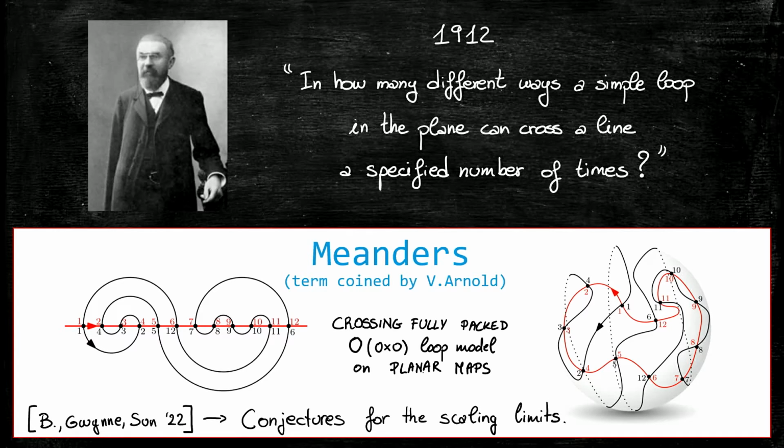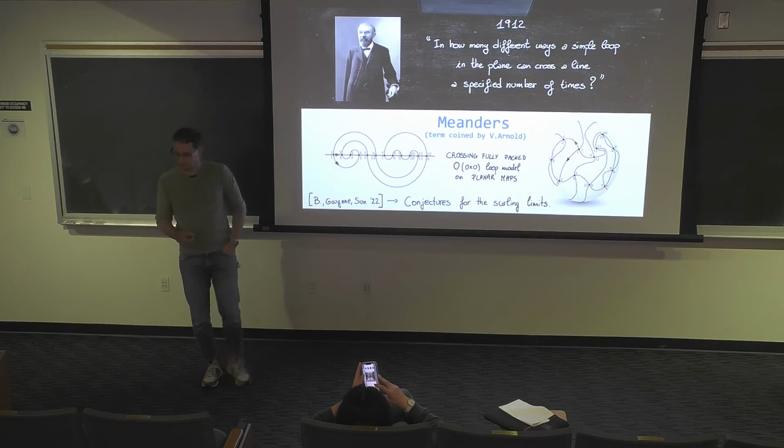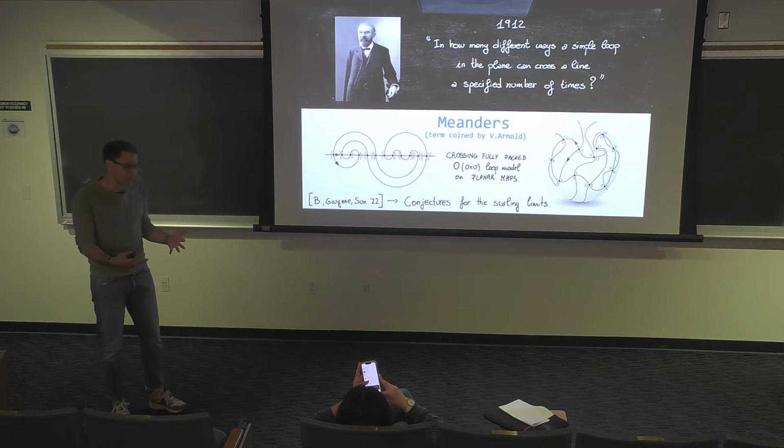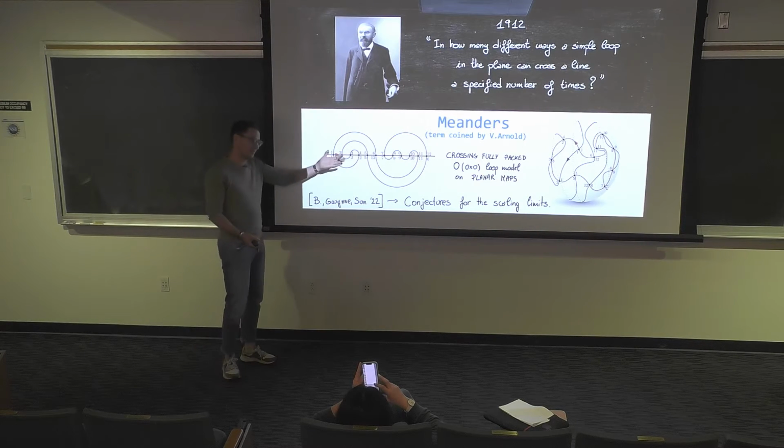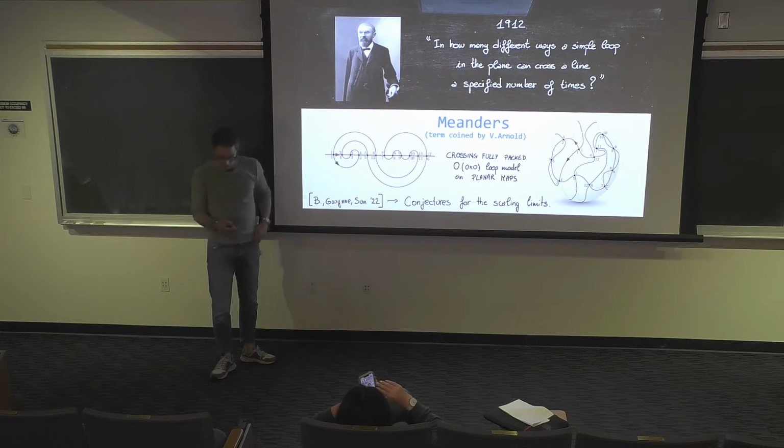And we have a second paper that I won't discuss here where we have work related to this meander setting. But today I will just discuss meandric systems. But this was our motivation to study it. The hope is that understanding meandric systems will help us to understand what's going on also in this model.